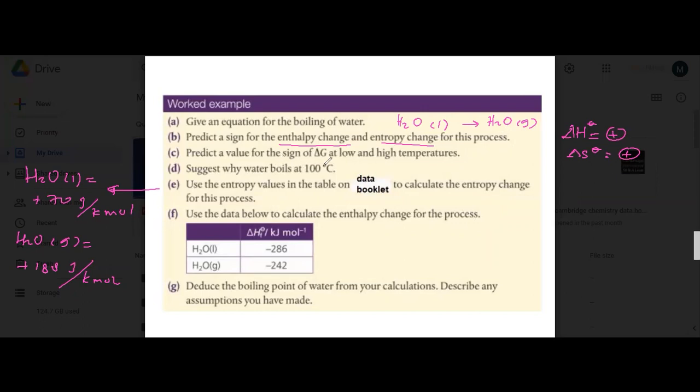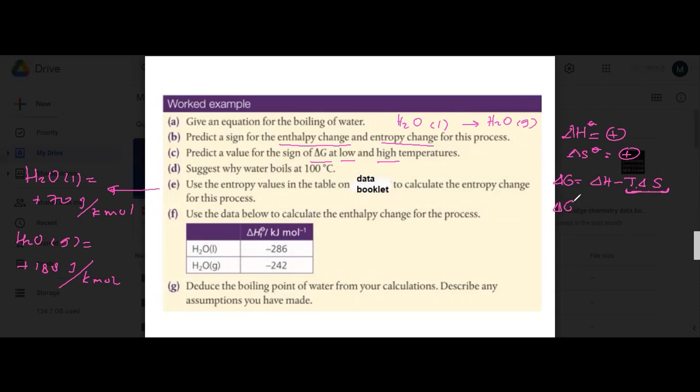Predict the sign of delta G at low temperature and at high temperature. You know that delta G is delta H minus T times delta S. Suppose you have a low temperature, so the T delta S is negative but small in value.